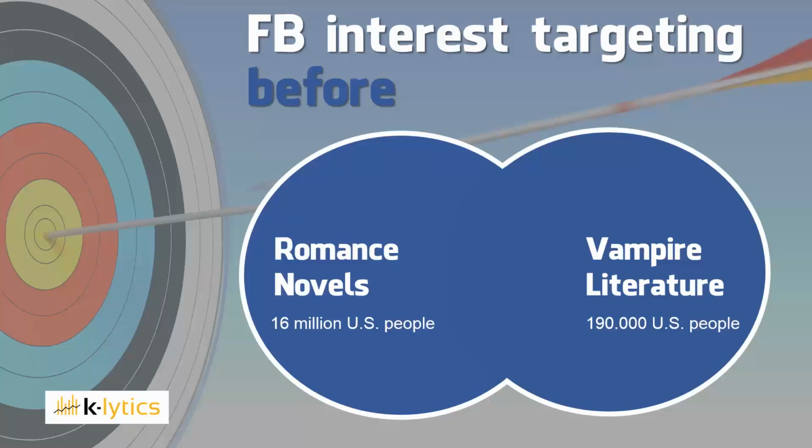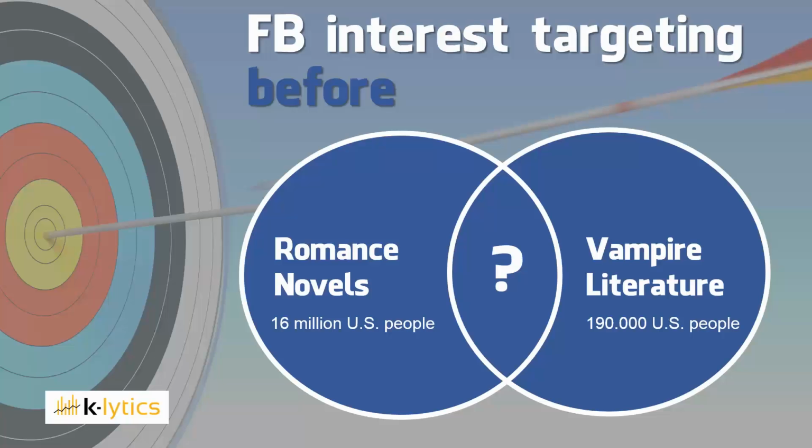Now, here's the problem. So far, you could only combine these two interests with the operator or. So Facebook would show the ad to people who are interested in romance novels or vampire literature. Now that poses a problem because you don't know how many people in that audience have the interest for both, and that's unfortunately exactly the audience that you really want to target.